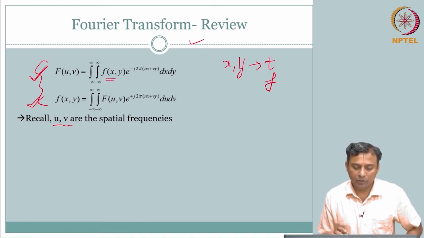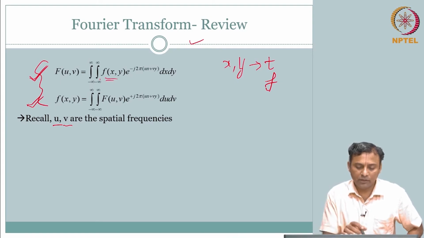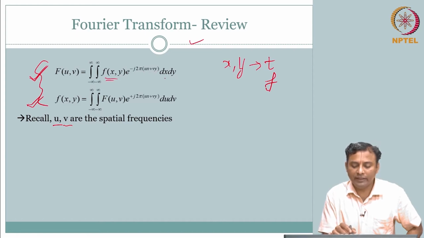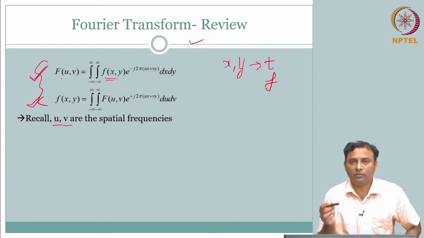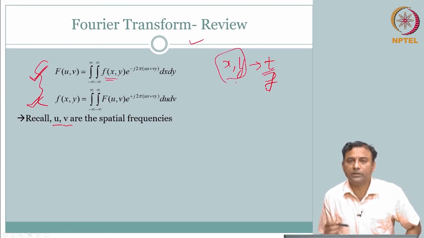If you substitute this, you will quickly realize it is f of t e power minus j 2 pi f t dt, only one variable and one integral. Your LHS will be F of j omega or whatever frequency denotation you use. So it is a straightforward extension. The only thing is that instead of the time variable, we now deal with spatial variables.